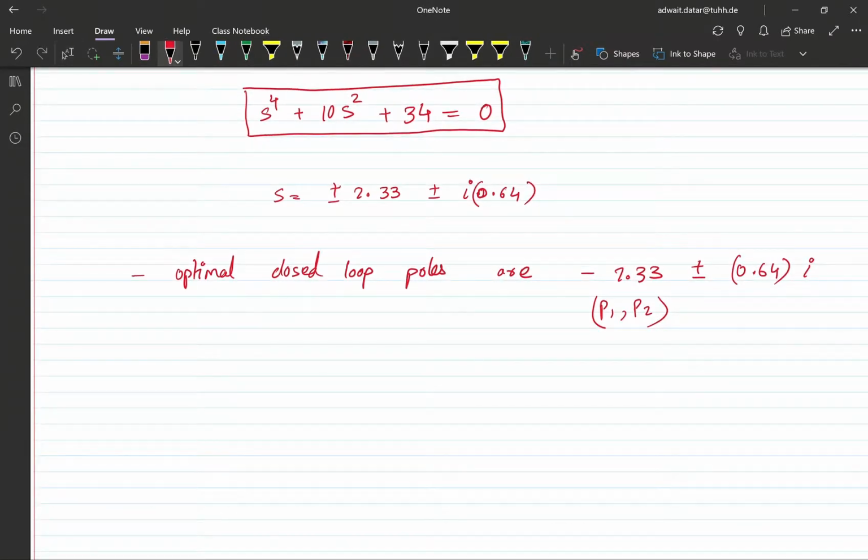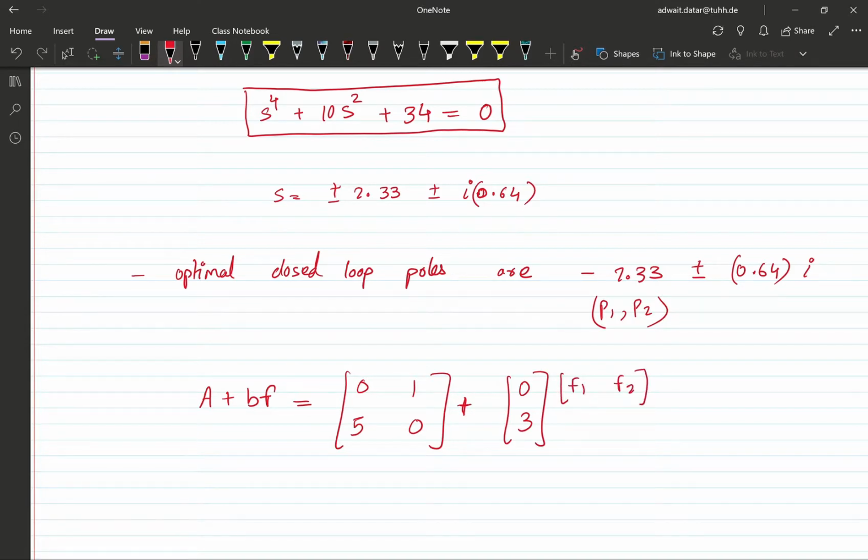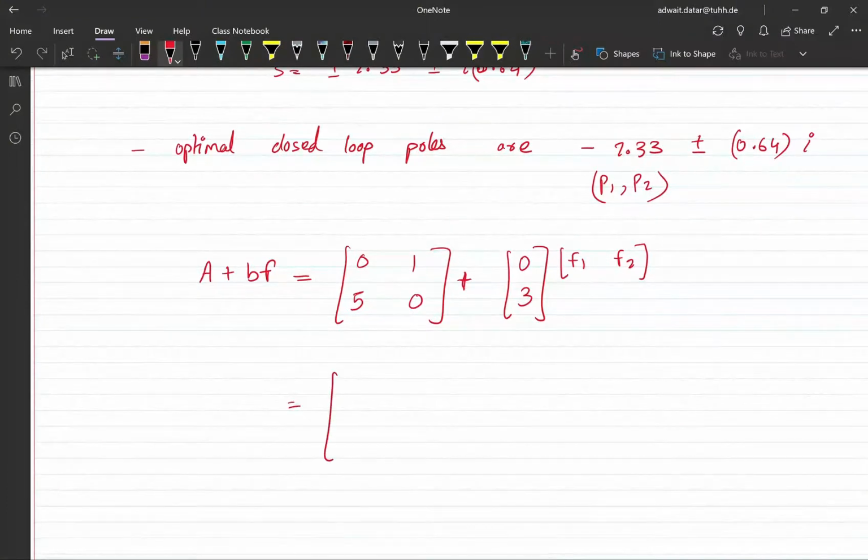So the closed loop A matrix would be given by this, which is then 0, 1, 5, 0 plus 0, 3 times F1, F2, which is nothing but 0, 1, 5 plus 3F1 and 3F2.